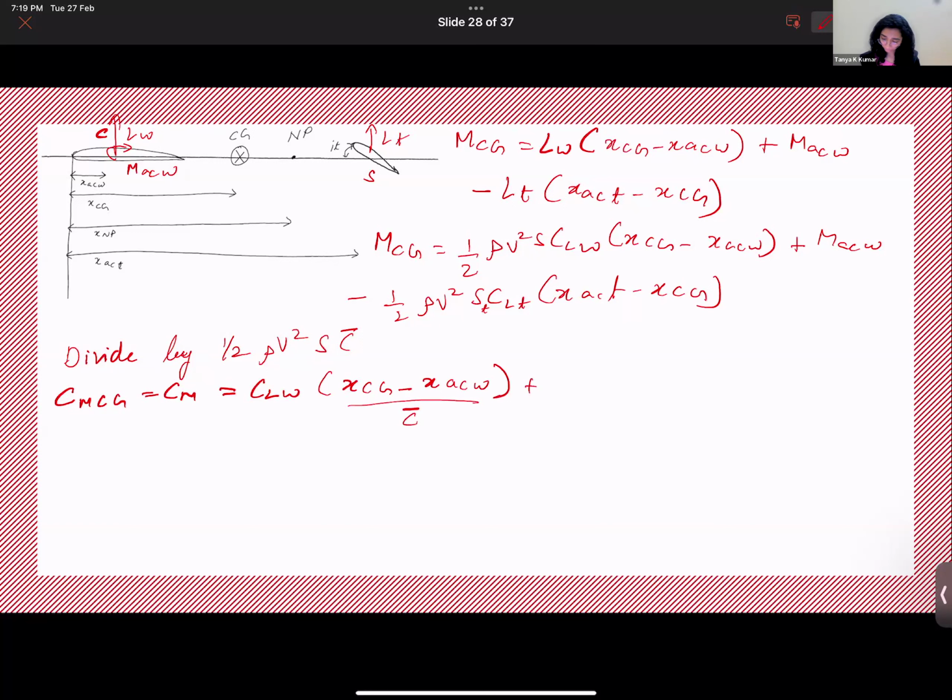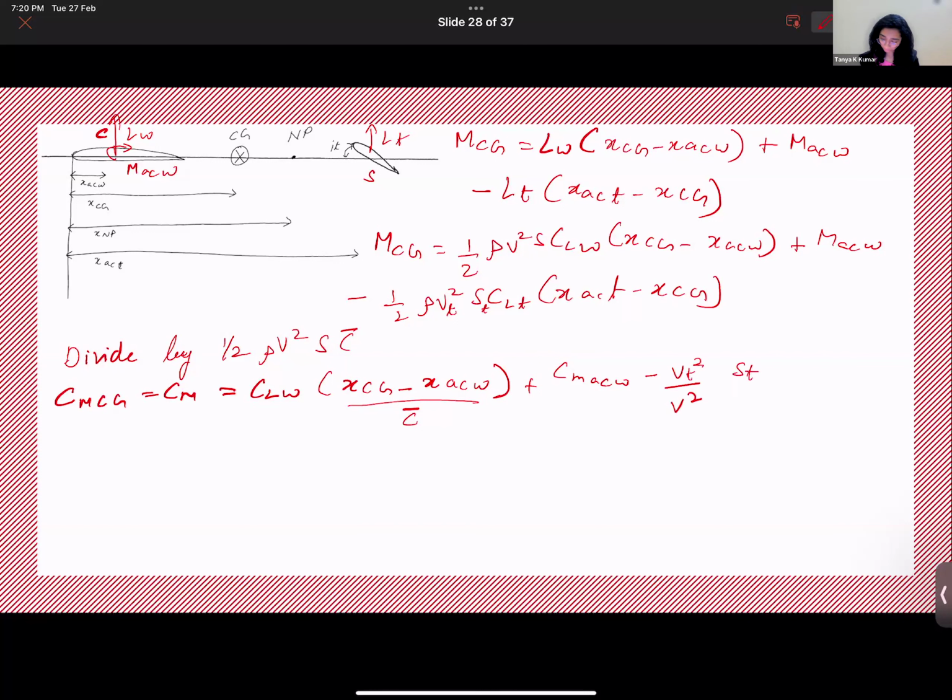Here it will just be, it's divided by the same quantity, so it will be CMAC wing. Here what will it be? Minus, this is also VT, so it will be minus VT square, you're dividing it by V square, upon V square.